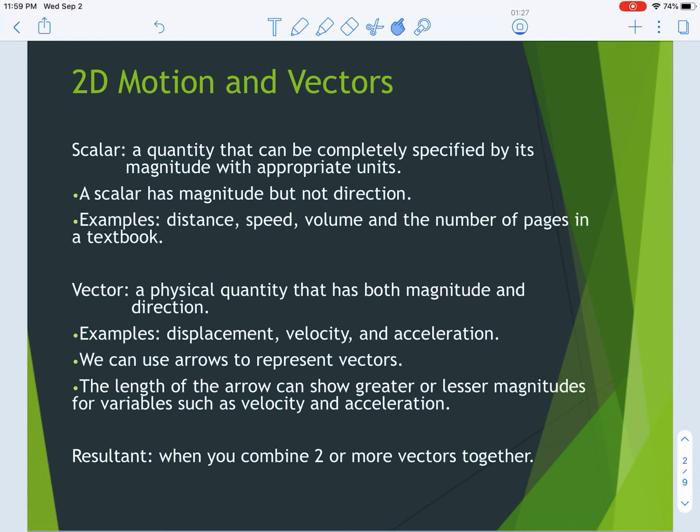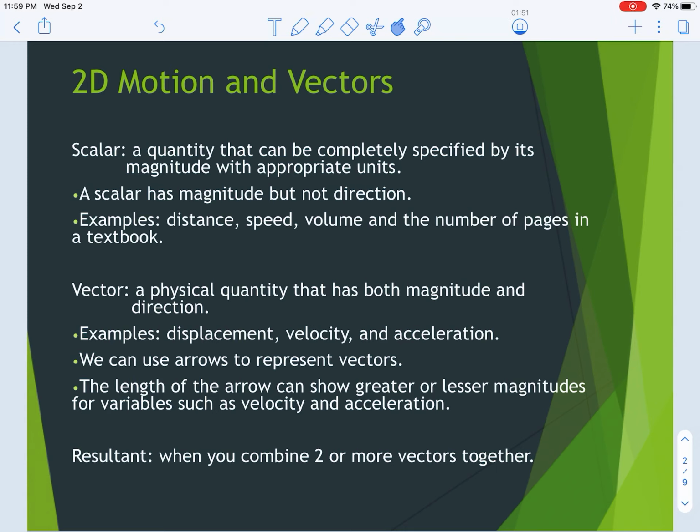Vectors, on the other hand, are going to be values that have a magnitude and also include a direction. So when we're speaking numerically, now our values are going to be either positive or negative in order to represent the direction. We're also going to be able to illustrate these with arrows, where obviously the pointy end of the arrow gives us the direction.